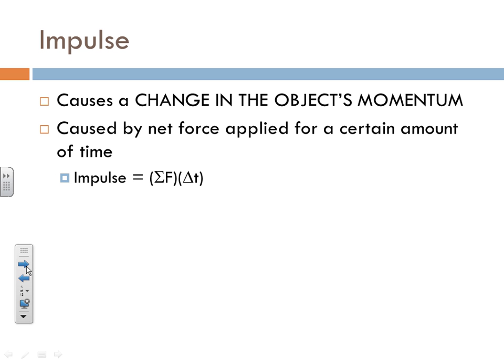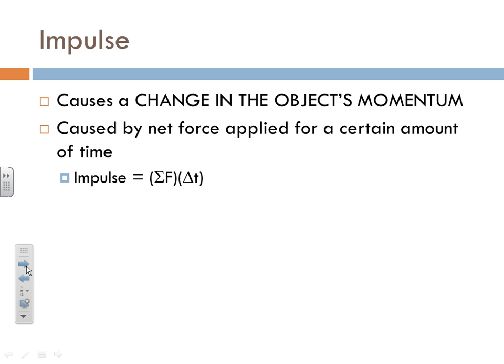So the impulse provided to the object is sigma F times delta T. How much force and how long do we apply that force? Both of those factors are important when we want to analyze the change in an object's motion.